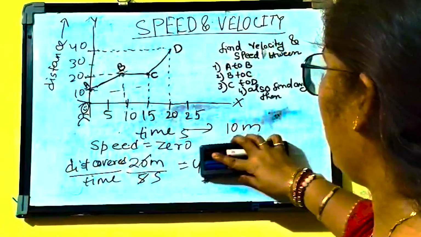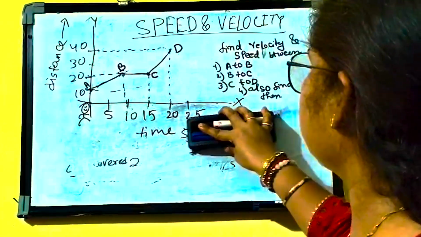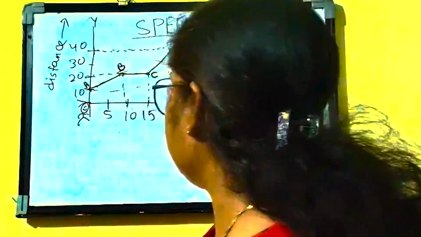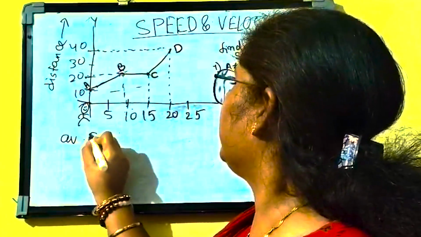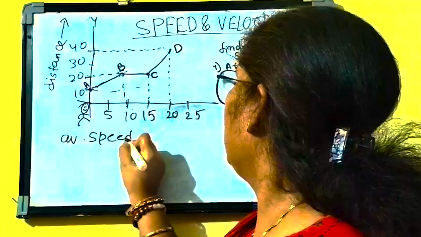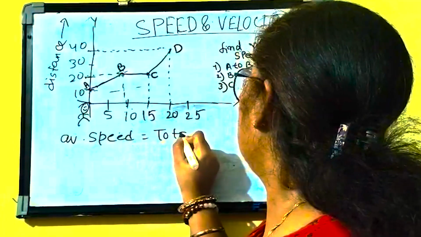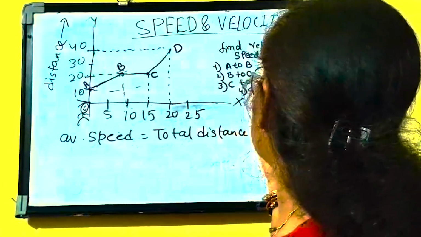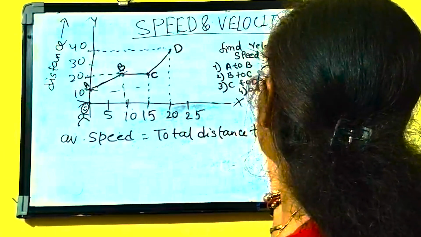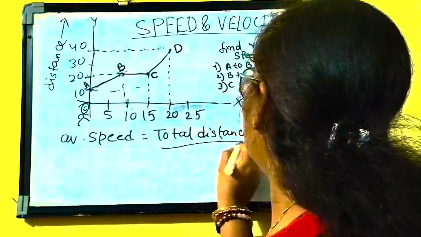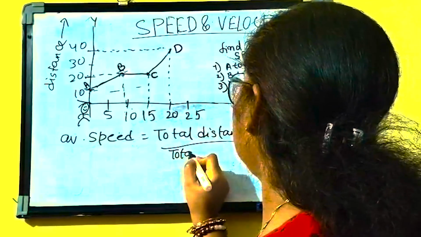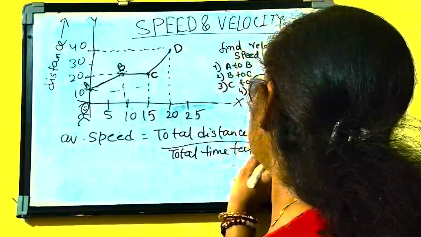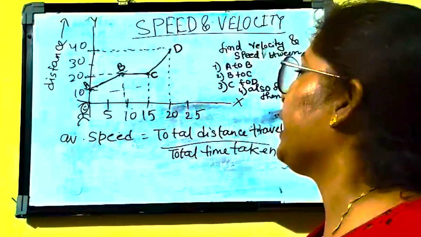The formula of average speed is average speed is equal to total distance traveled by total time taken.